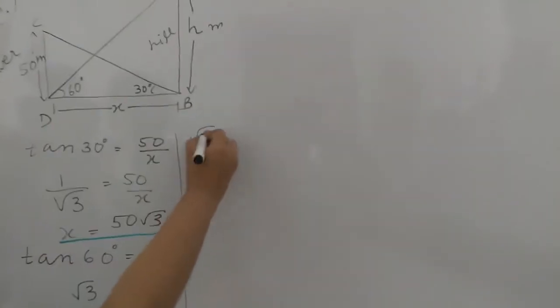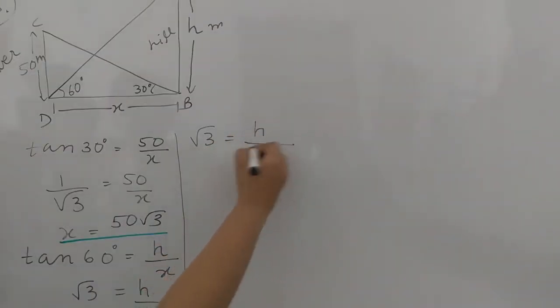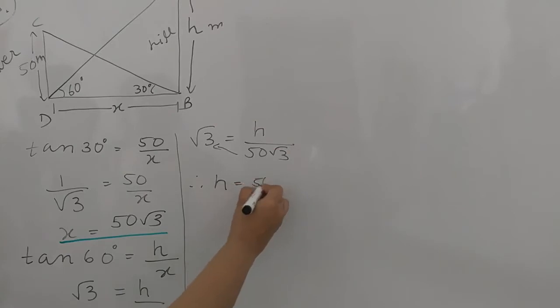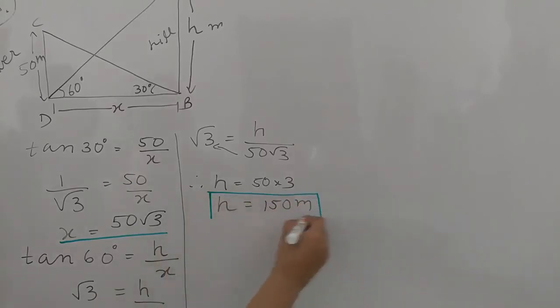So I write root 3 is equal to h upon 50 root 3, placing the value of x. Now taken crossway, h value is equal to 50 into 3. So this is 150 meter, which is the height of the hill they asked for. So this is our final answer. H is equal to 150 meter by calculations.